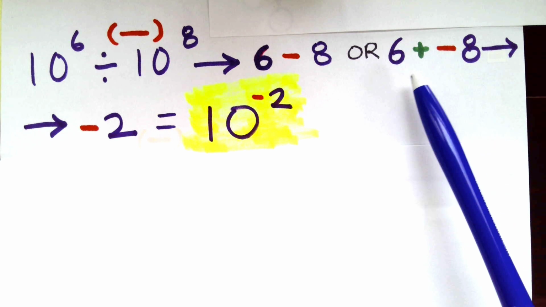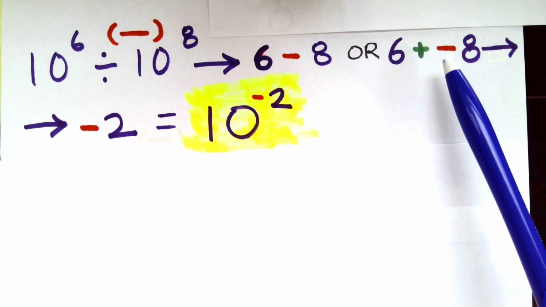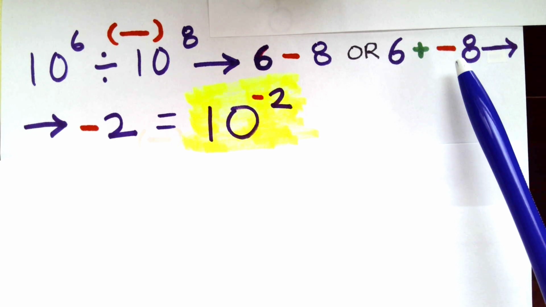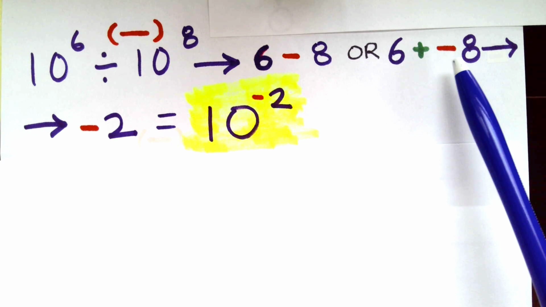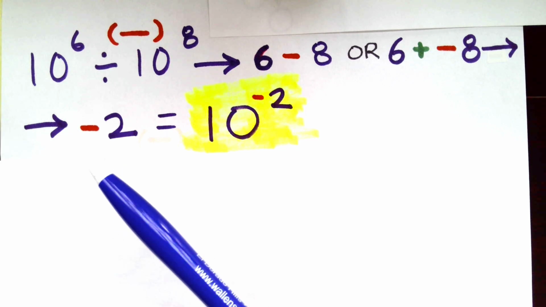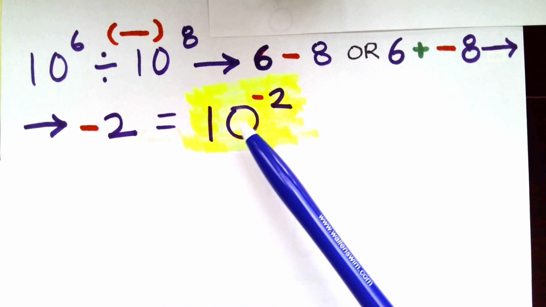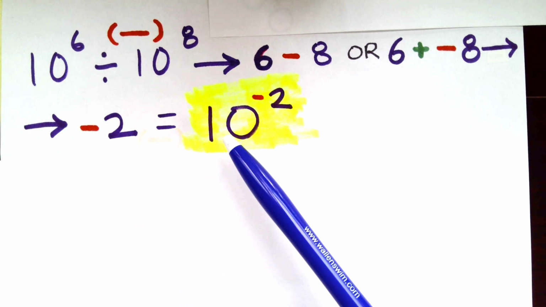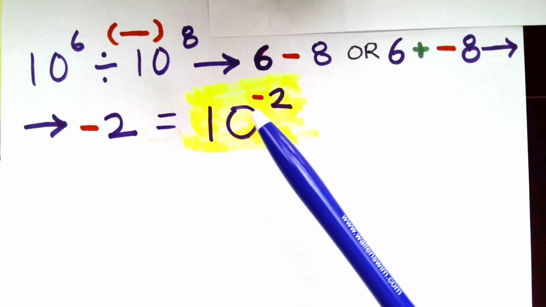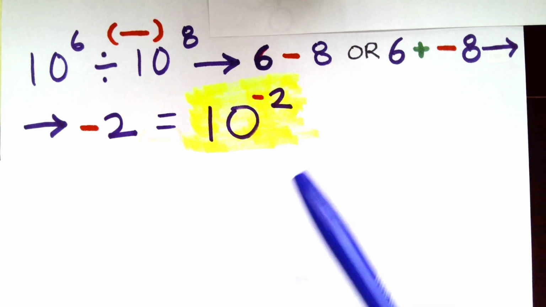You have $6 and then you had to borrow $8. That's the negative 8. How much do you owe before you get to 0? Well, that's negative 2. You still have to pay back 2 more dollars before you get to 0. The base 10 stays the 10. 6 plus a negative 8, or 6 minus 8, is a negative 2 value.